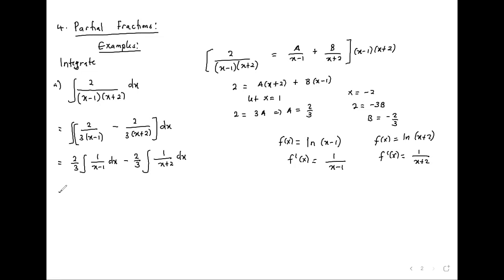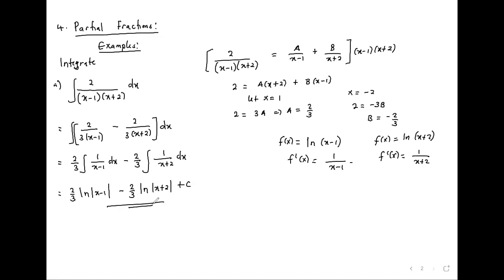So here we have 2 over 3 ln x minus 1. Remember that ln does not take a negative number, so you emphasize that it must always be positive by putting the modulus, minus 2 over 3 ln x plus 2, plus c.